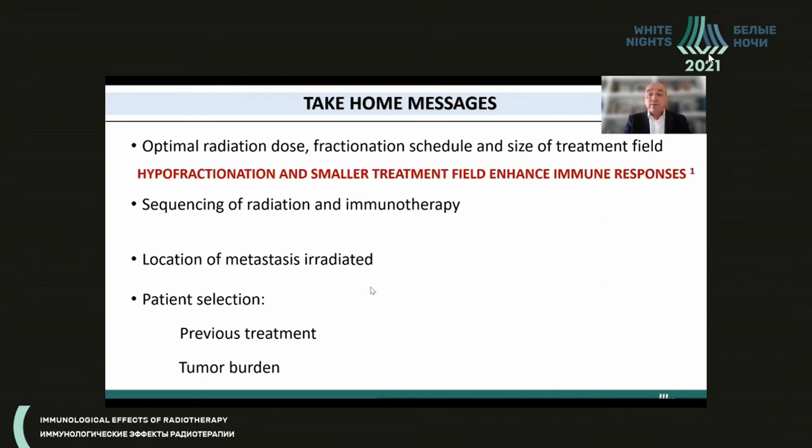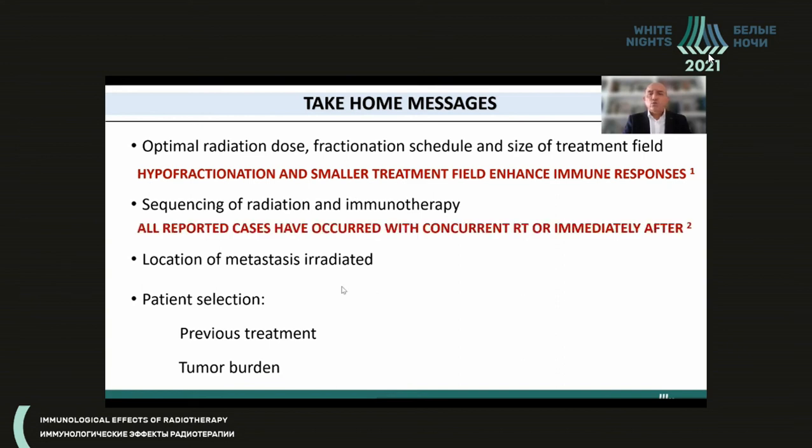It has been reported in preclinical research that hypofractionation and smaller treatment fields enhance immune response. Also, we don't know if there is a proper sequencing order of radiation and immunotherapy to achieve a better outcome.